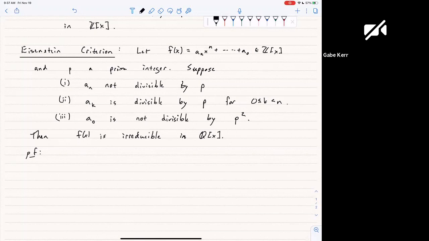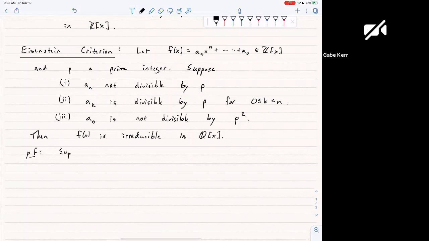So what do we do in the previous proposition? We reduce mod p, reduce coefficients mod p, and look in that ring. So let's take that and run with it.